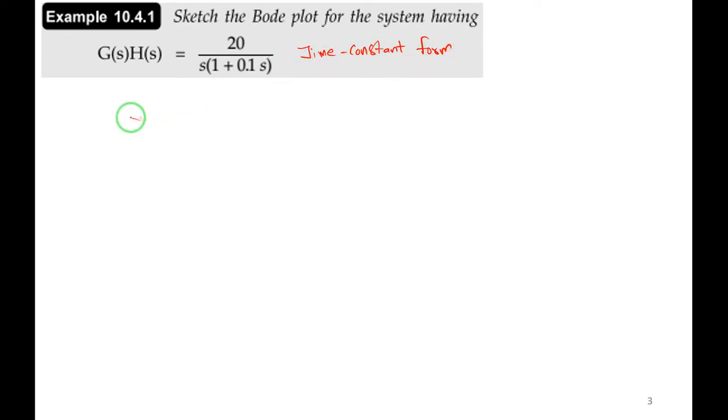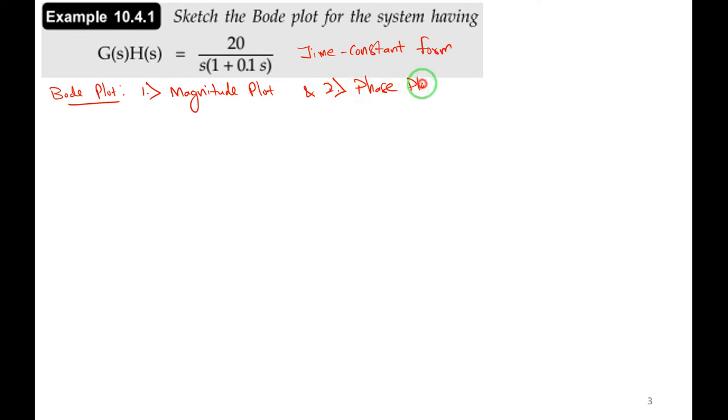Next, we will identify the factors. As I told in the morning, we have to draw the Bode plot, which consists of two things: one is the magnitude plot, and another one is the phase plot. Some people call it the phase angle plot also.